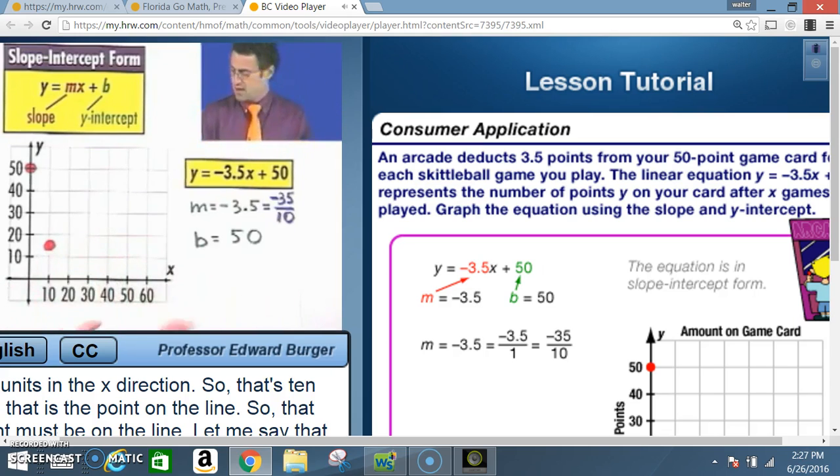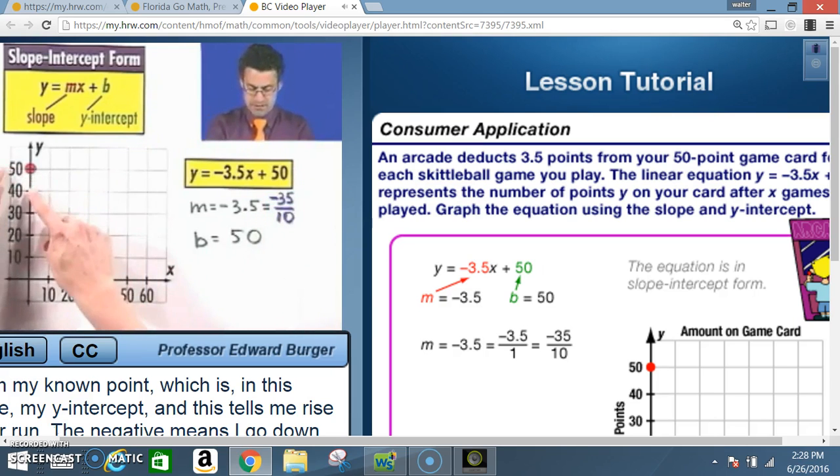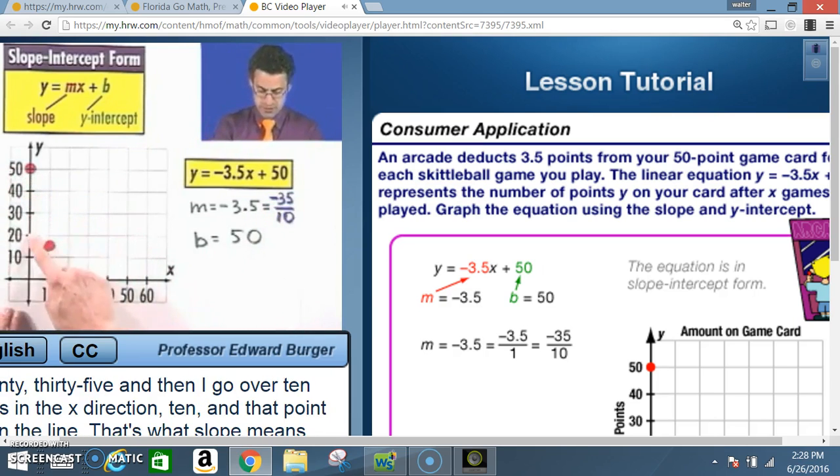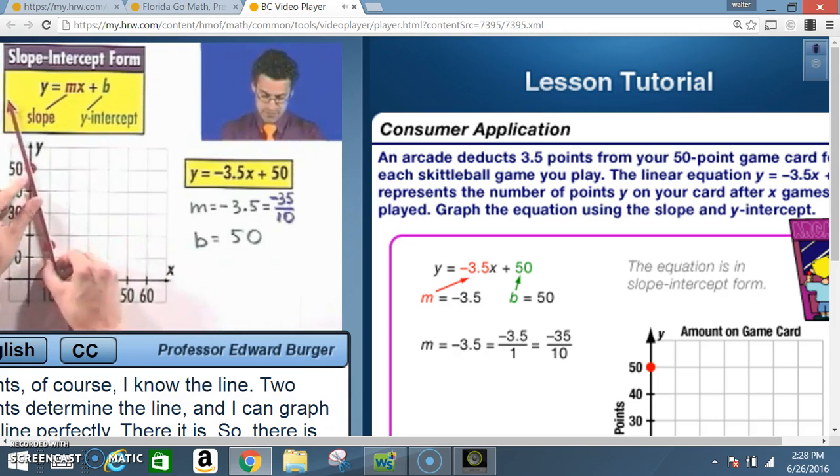Let me say that again. I start from my known point, which in this case is my y-intercept, and this tells me rise over run. The negative means I go down 35, and then I go over 10 units in the x direction, and that point's on the line. That's what slope means. Now, if I have 2 points, of course, I know the line. 2 points determine a line, and I can graph the line perfectly.